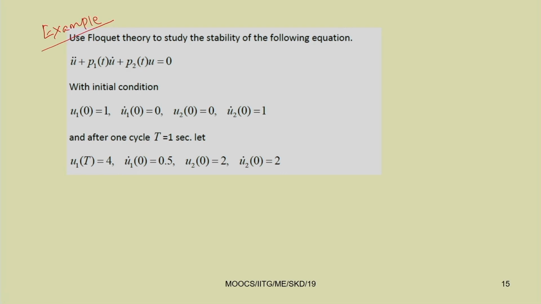Let us take u double dot plus p1(t) u dot plus p2(t) u equal to 0. These initial conditions are given to us: u1(0) equal to 1, u1 dot(0) equal to 0, and u2(0) equal to 0, and u2 dot(0) equal to 1.